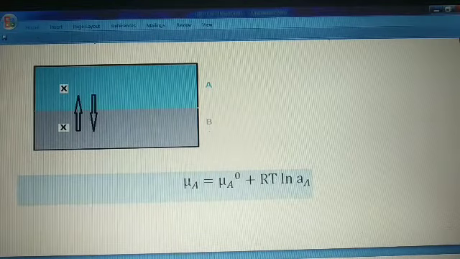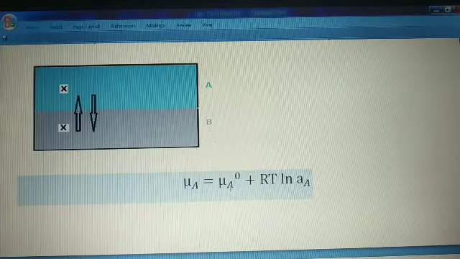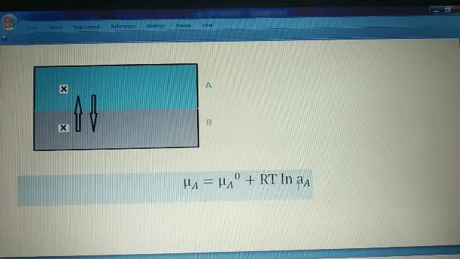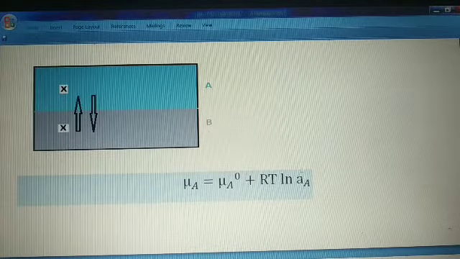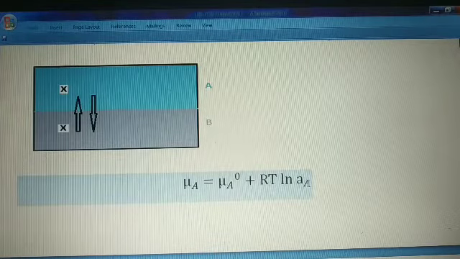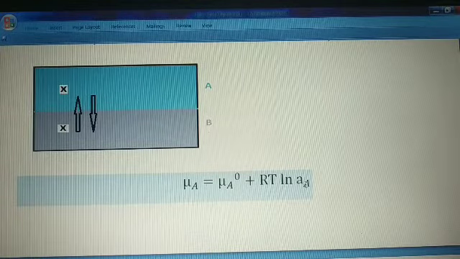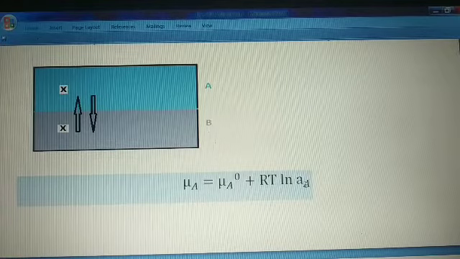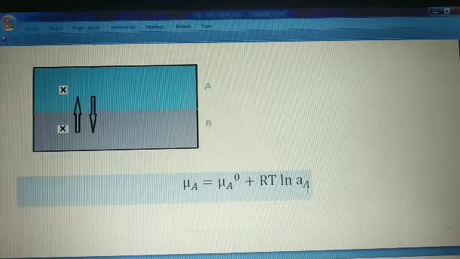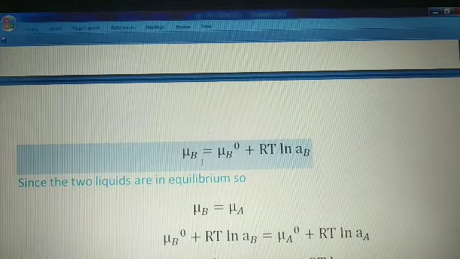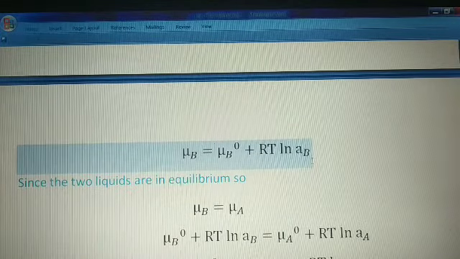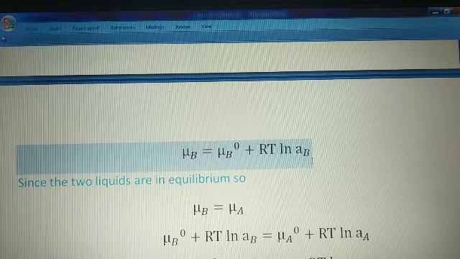The chemical potential of the solute in phase A is written as mu A equals mu naught A plus RT ln a A, where a A is the activity of the solute in phase A. Activity is similar to concentration. In the same manner, mu B equals mu naught B plus RT ln a B. That is the chemical potential of the solute in phase B.